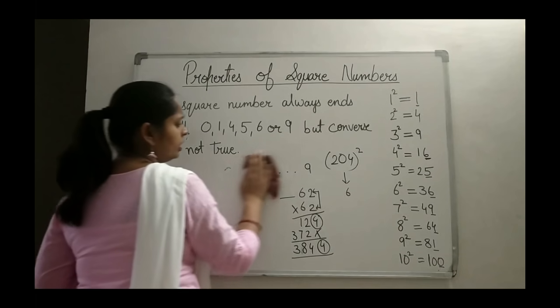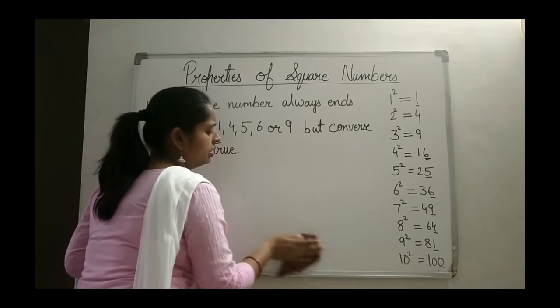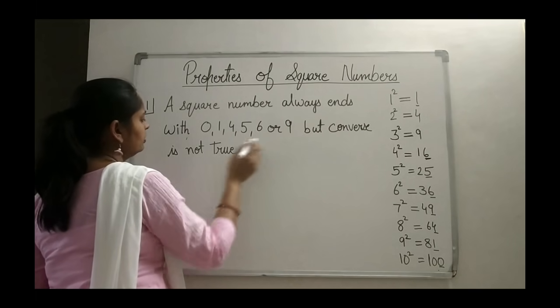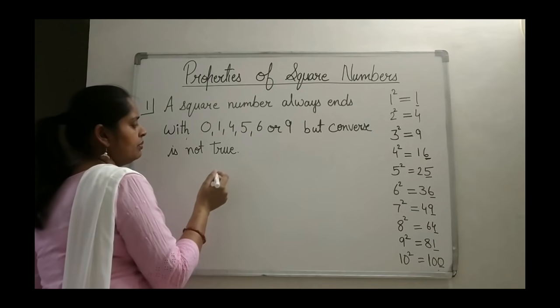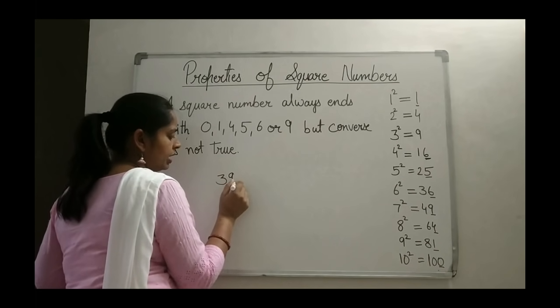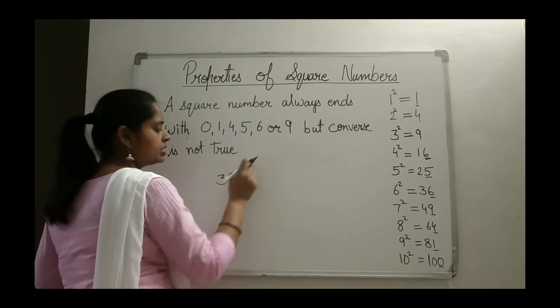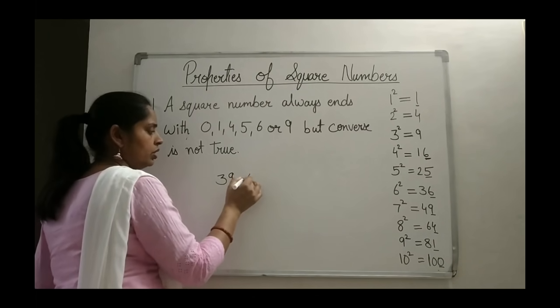And it is also saying, what do you mean by the second part of this? The second part is saying, but the converse is not true. It doesn't mean that, suppose I write 39, the number is ending by 9, so it will be a square. No, it is not a square.